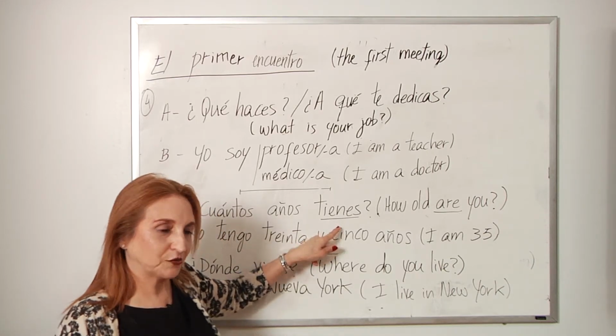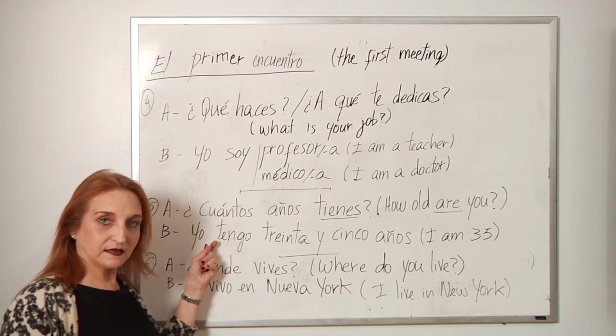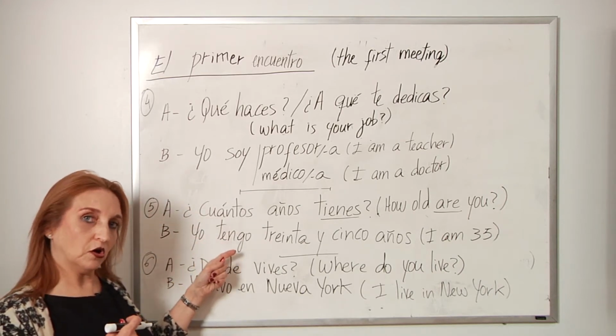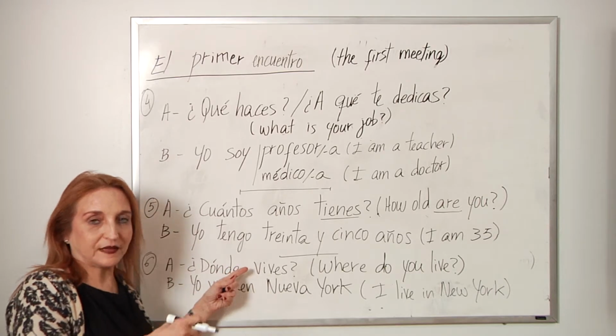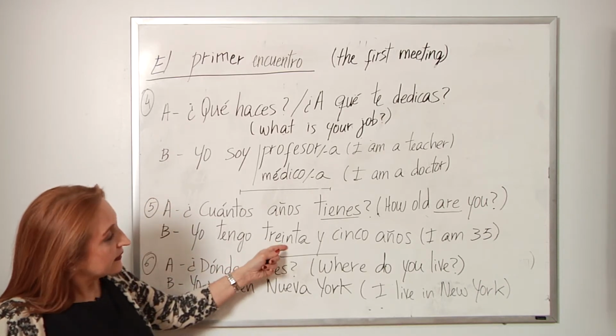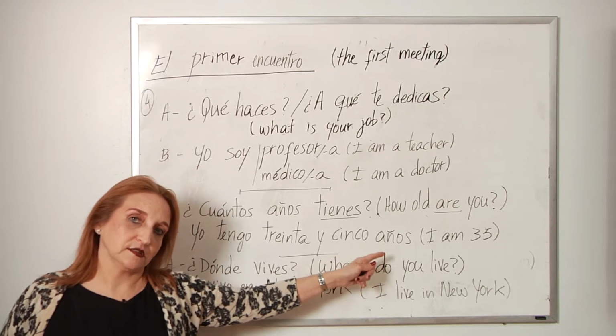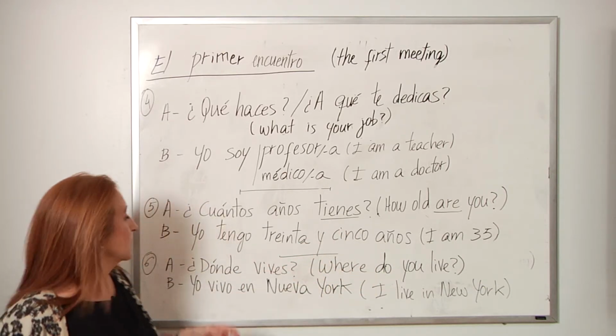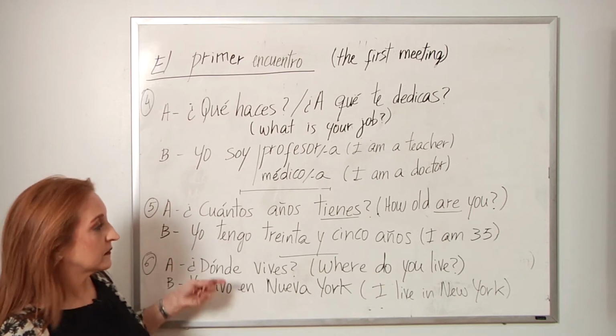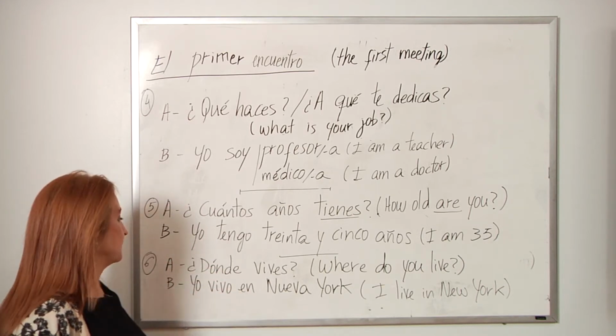Okay, it's good that you know this. The answer, yo tengo, I use the verb have, but I am 35 años. I am 35 years old. Okay, clear? This is one possibility.